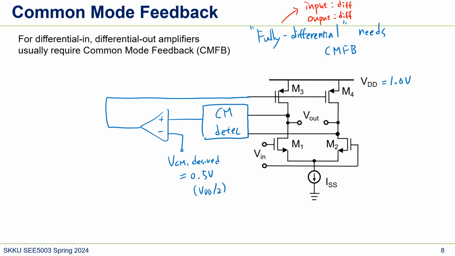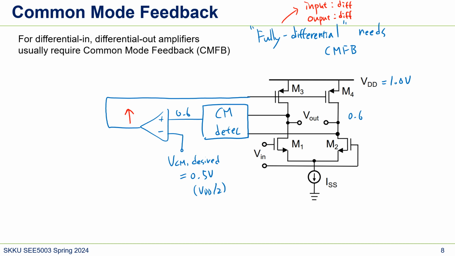And then assuming the Vout is at first 0.6. What happens is the VCM detected is also 0.6, right? But our desired value is 0.5. So 0.6 versus 0.5, this value would go up, right? Does it make sense?